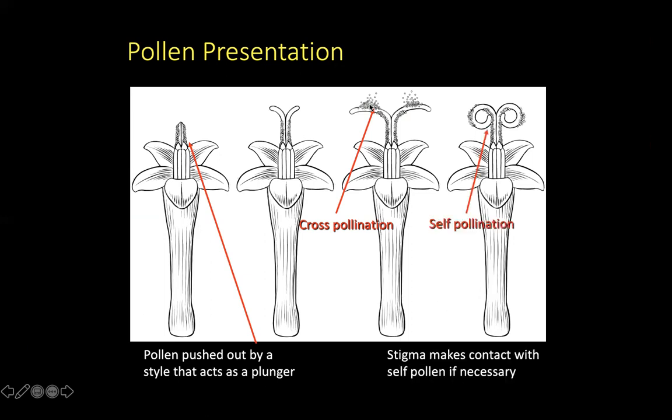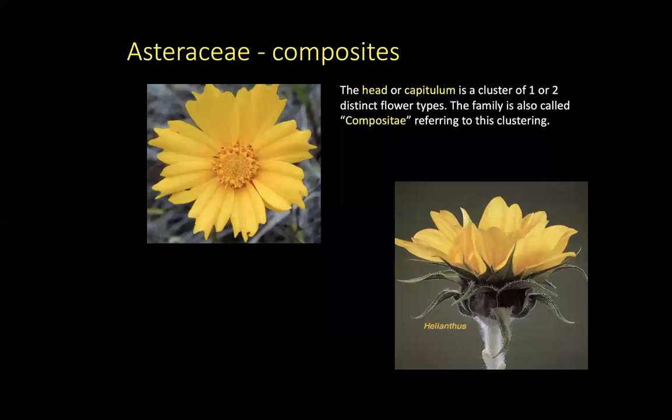So kind of a spatial segregation. However, then the stigma curls around into these adorable little bunny ear curlicues so that the stigma tip makes contact with its own pollen to self if that's necessary, if it wasn't actually outcrossed. So that is one way in which it causes pollination with self or other.